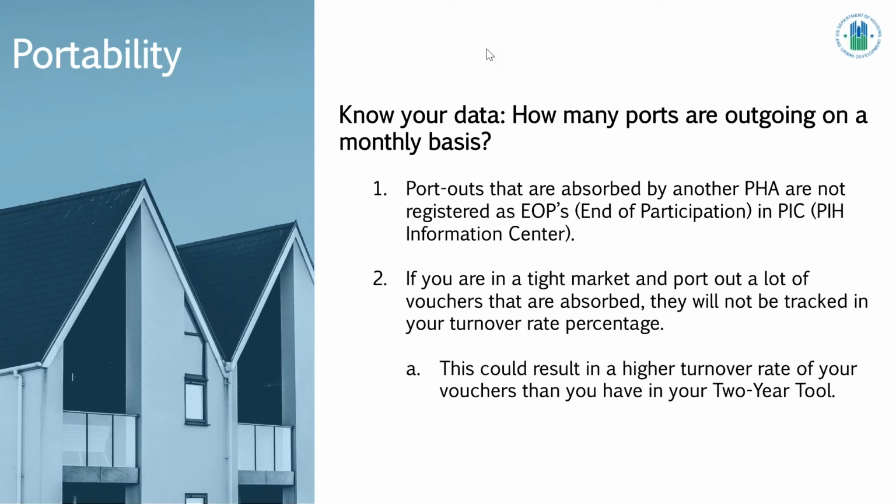One of the things in very tight markets that it's important to inform your voucher holders of is their ability to port to other jurisdictions, which would therefore allow that family to obtain affordable housing that they may have been waiting years and years and years to get. There's nothing more disheartening than an applicant waiting on a waiting list for 3 years to get a voucher only to just never be able to use it.